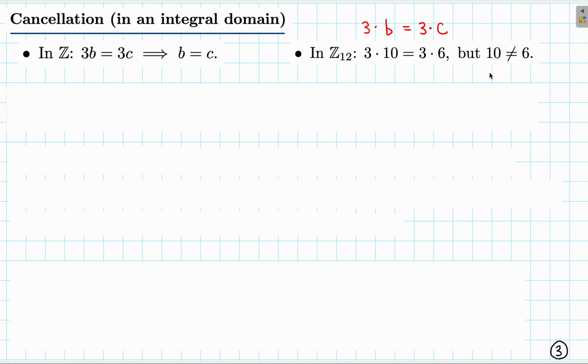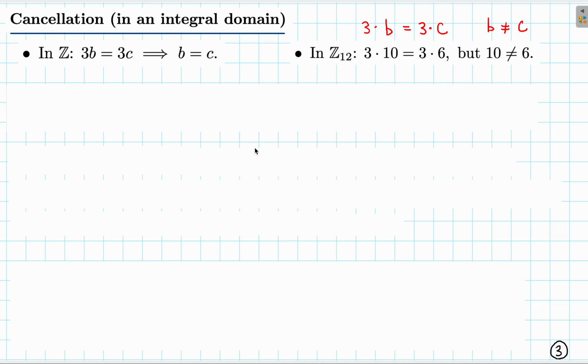However, 10 certainly doesn't equal 6, and so we have b does not equal c, even though 3b equals 3c. So here's a case in a non-integral domain where the cancellation property fails.